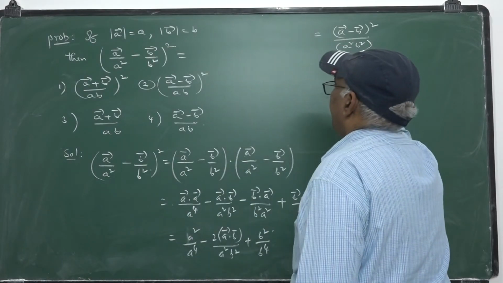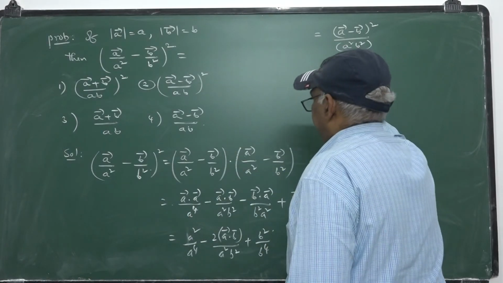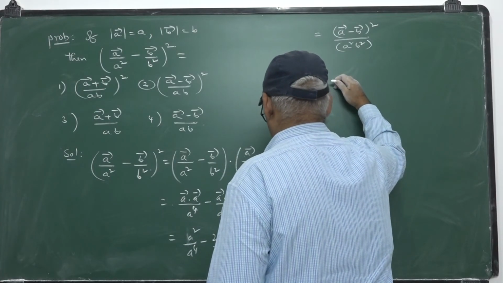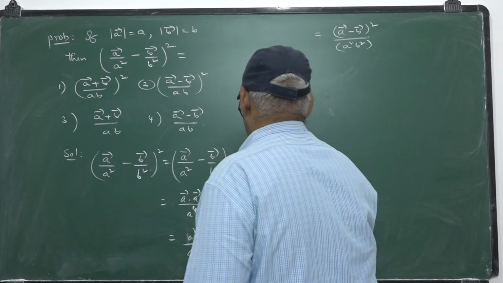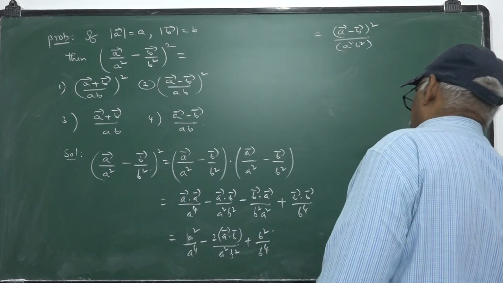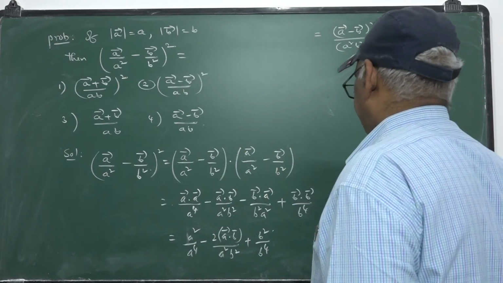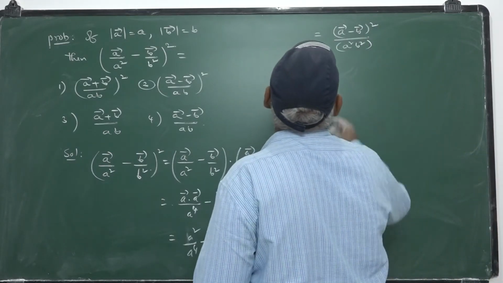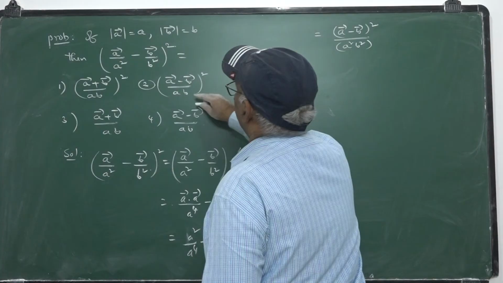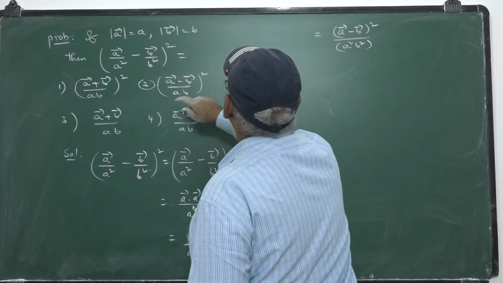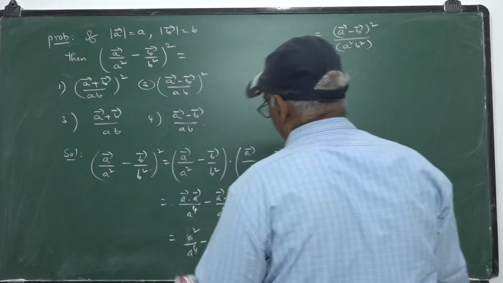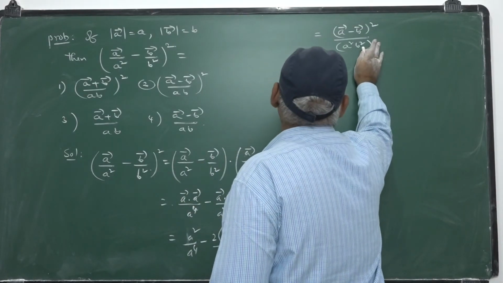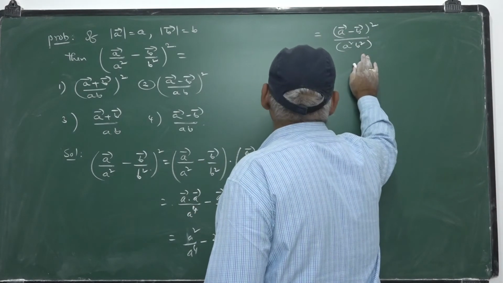Okay. A power 4 a square, this is a power 4 b power 4. Actually this may be squares, so totally you can take the square of this one.